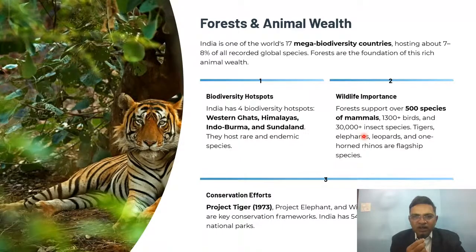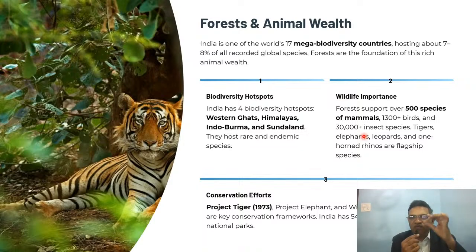This is very important. So biodiversity hotspots, we have four biodiversity hotspots: Western Ghats, then Himalayas, Indo-Burma, and Sundaland. So these are the hotspots. They host rare and endemic species.